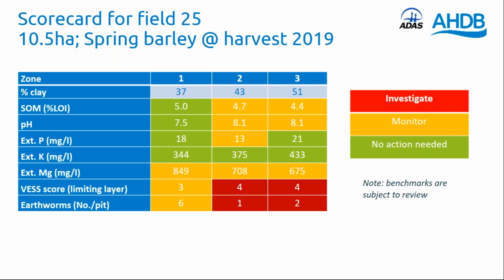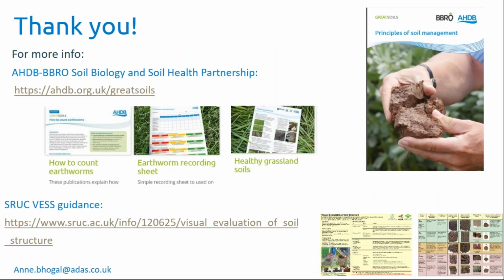In fact, a problem with Rob's farm and fields is earthworm numbers across a number of his fields and his soil structure scores. So if we just move on, that's just highlighting the issue.